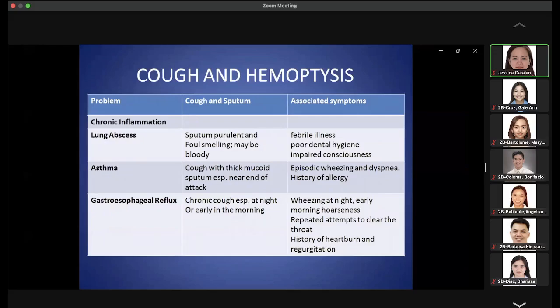So there is a characteristically foul-smelling sputum that is purulent, and there's an associated febrile illness. For asthma, there is cough with thick mucoid sputum that is associated with episodes of wheezing and difficulty of breathing, and a history of allergy.